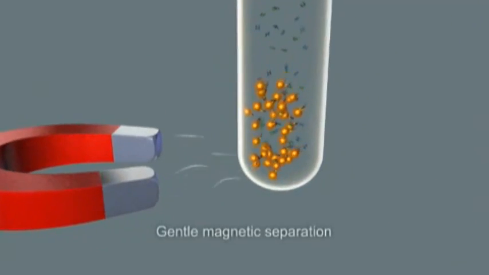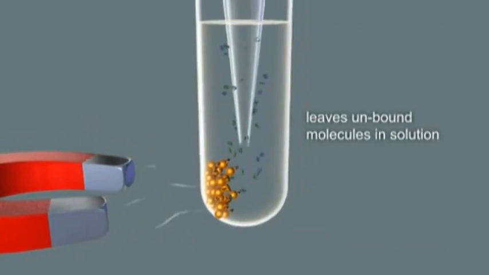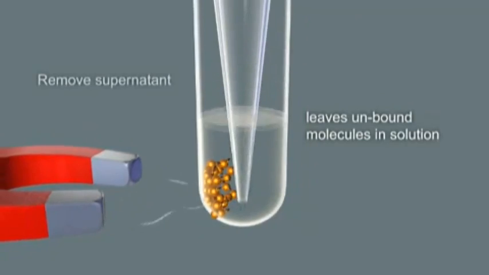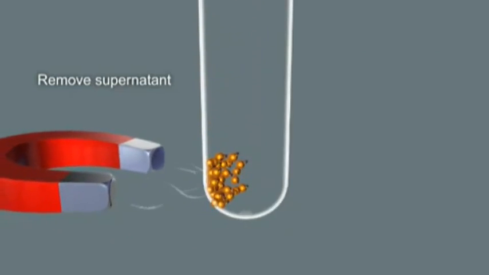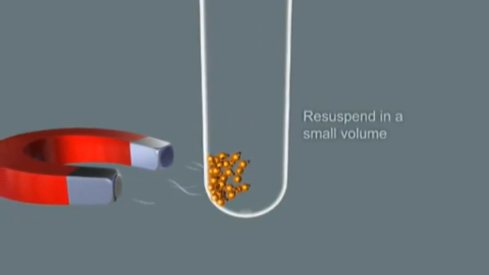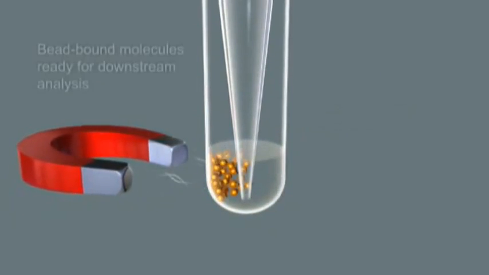The step that follows is that a magnetic force collects all the nanoparticles to a specific location, and in this case the solution with the contaminating molecules can be removed.